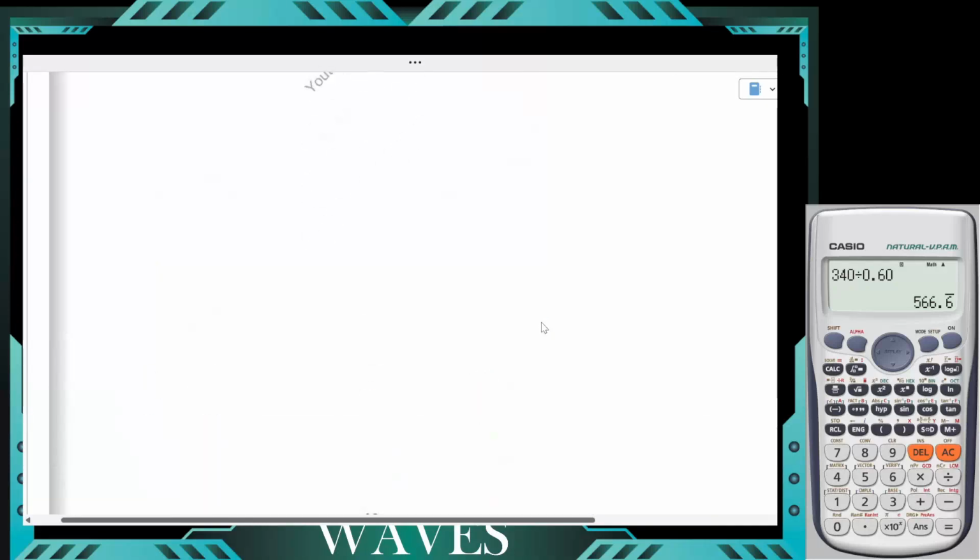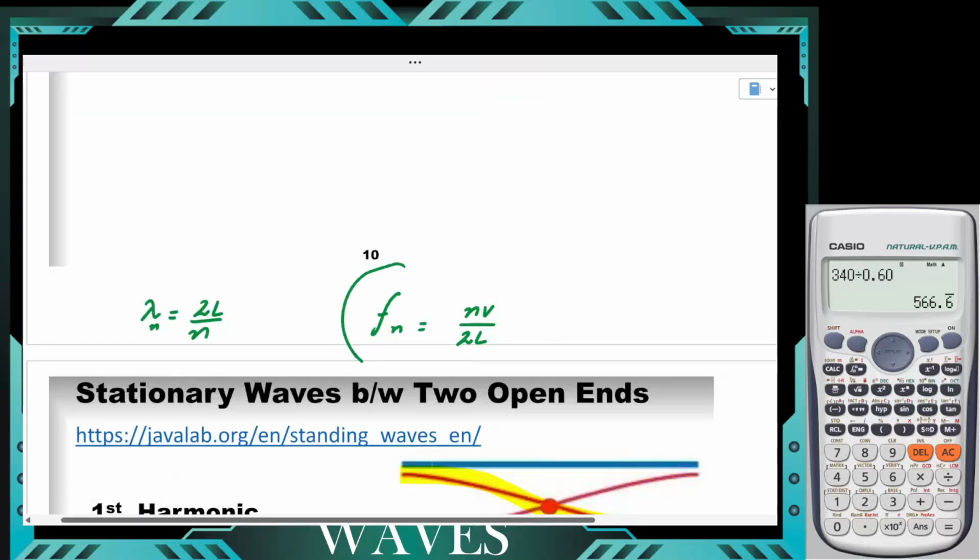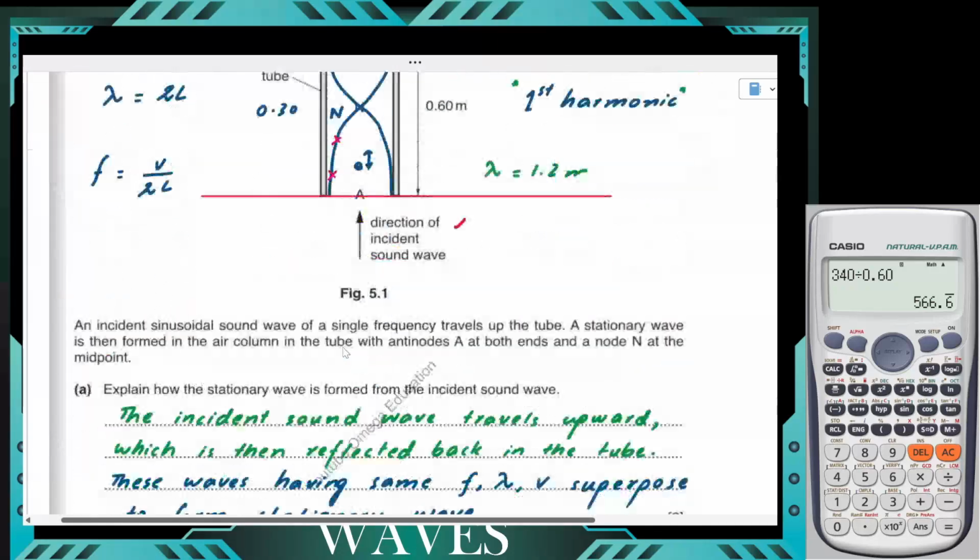The general formula is nV over 2L. Likewise, if you had to find the frequency for the second harmonic, instead of n you write 2, giving 2V over 2L. The 2 and 2 cancel out, and you're left with frequency equals V over L, which is the same thing we used over here.